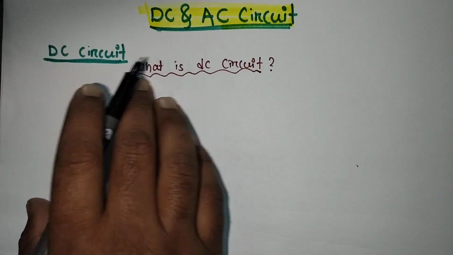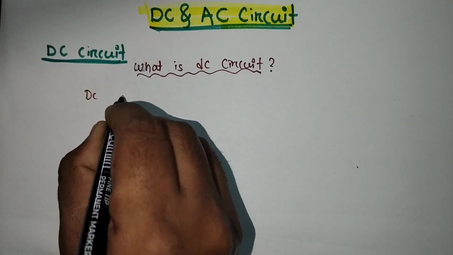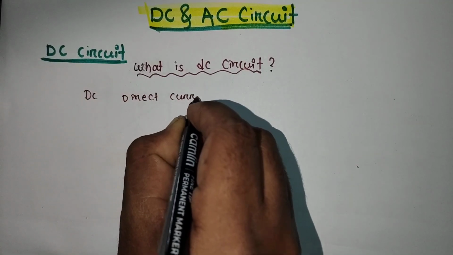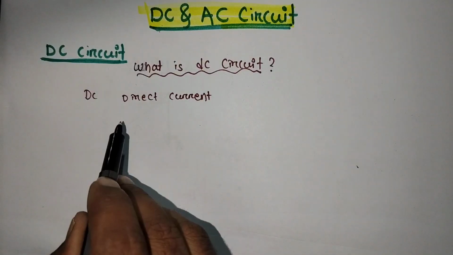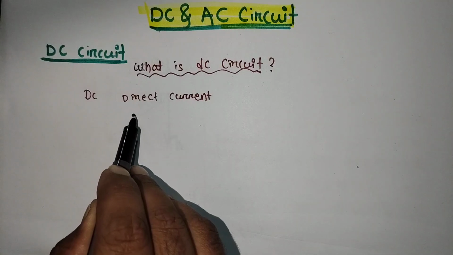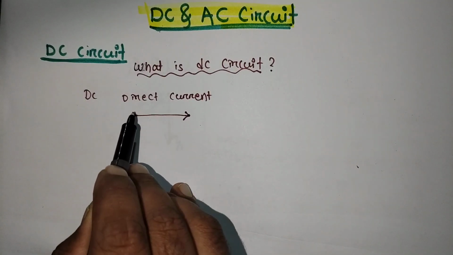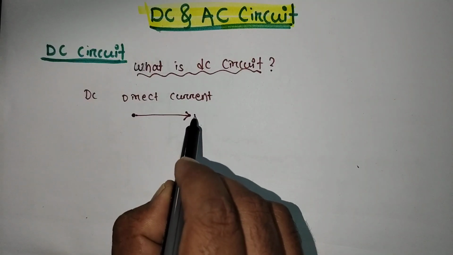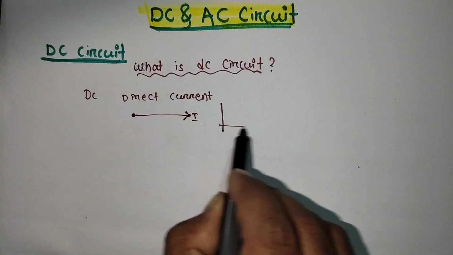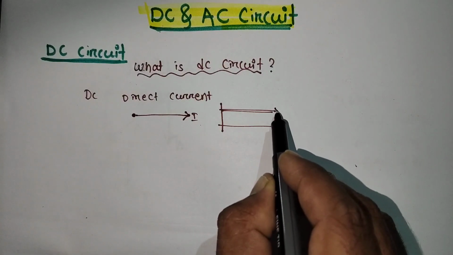Let's start with the basics. DC means, as we already know, direct current. Direct means that, whatever the source, the current in the circuit flows in one direction. The direction cannot be changed. Suppose over a time interval, this current will flow in one direction.